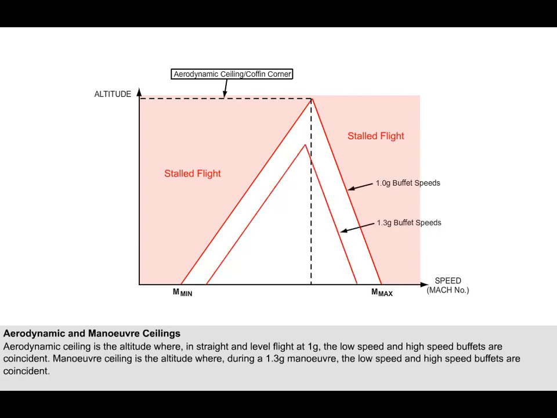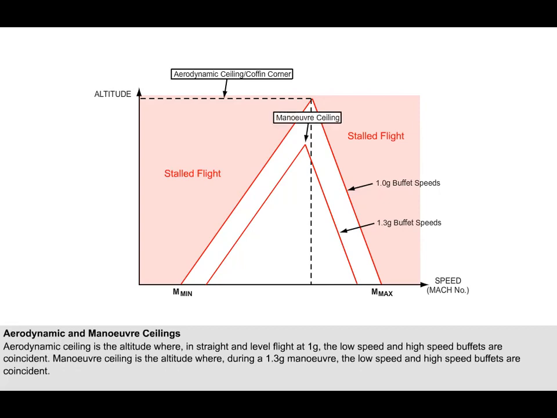Notice that a 1.3 G maneuver moves the buffet speed lines to this position. Notice that now the Mach number for the low-speed and high-speed buffet are coincident at a lower altitude.